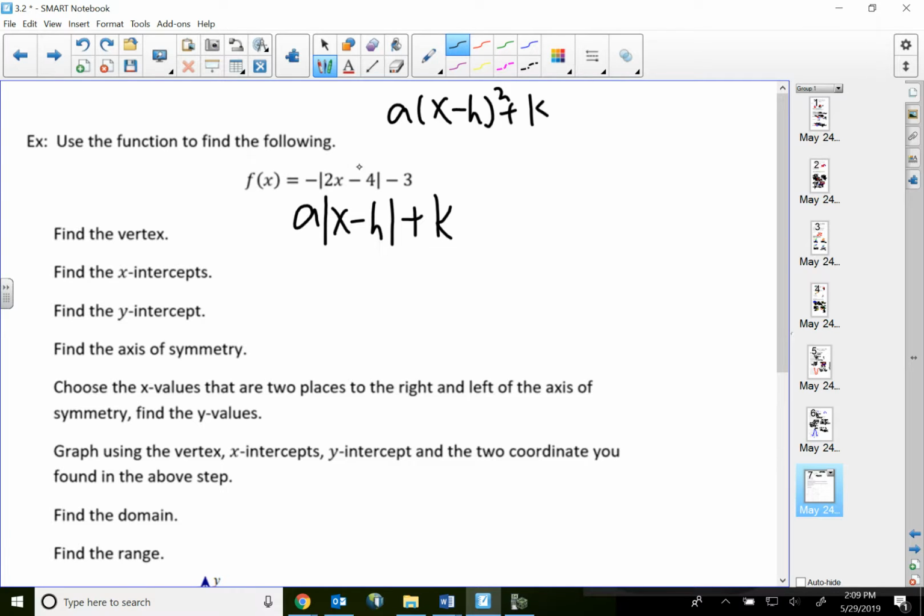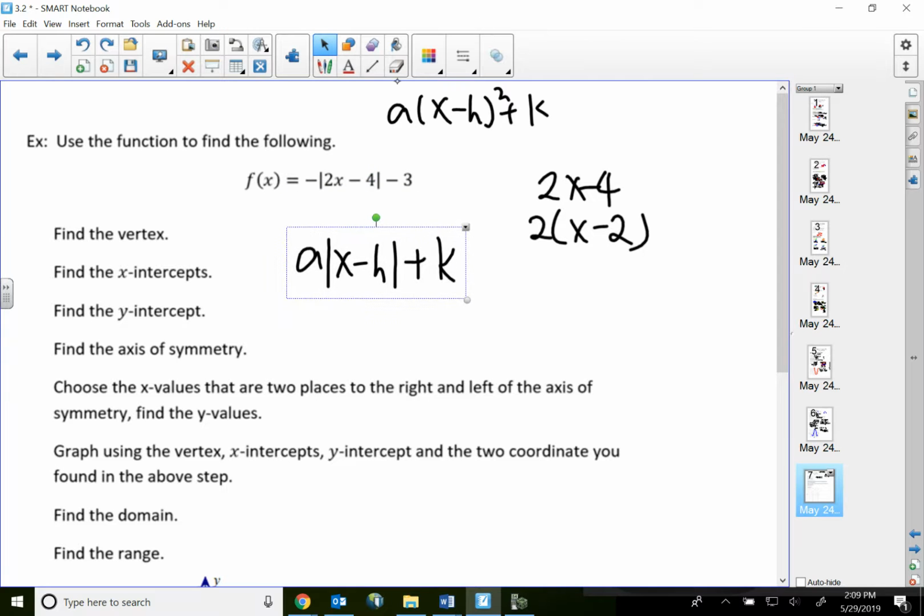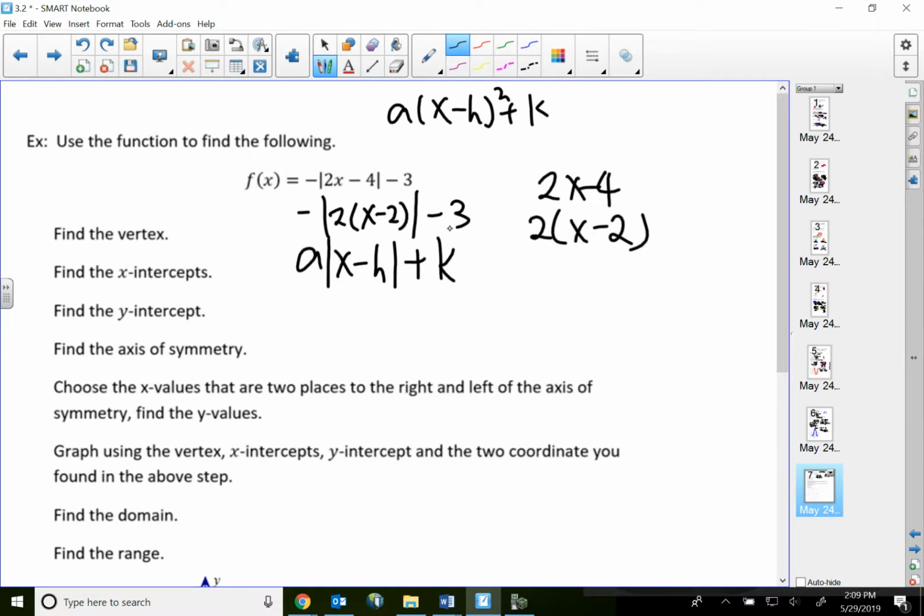Right now, inside the absolute value is 2x minus 4. So what we can do is think about it as factoring out the 2. If I factor out the 2, that would be x minus 2. So if I rewrite my term inside the absolute value, that will be negative absolute value of 2 times x minus 2, minus 3. So the h is actually going to be 2. The k is still going to be negative 3.